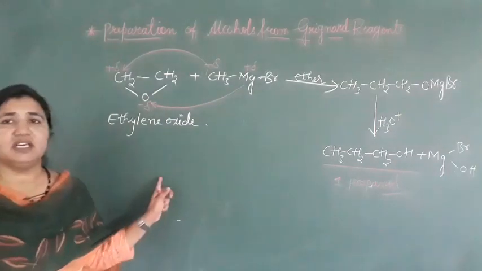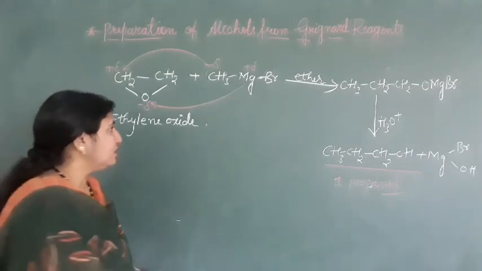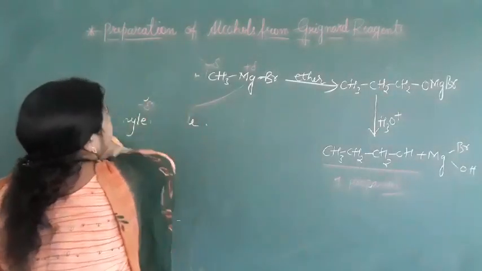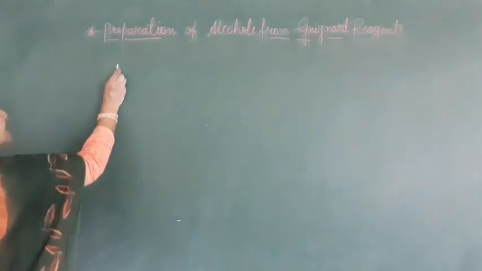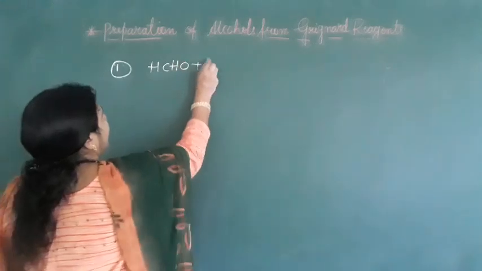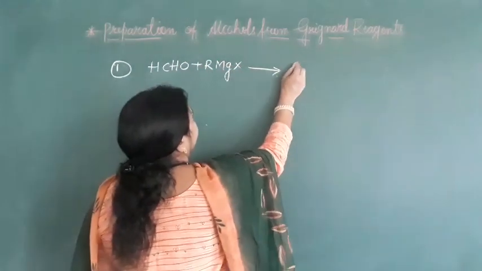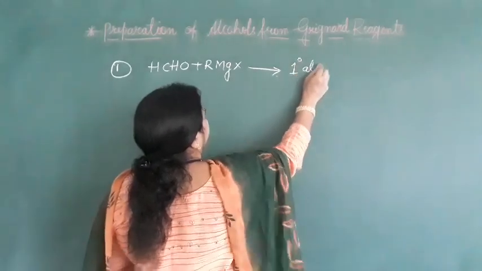So these are the methods for the preparation of alcohols from Grignard reagent. See here, these are the key points, please note them down. Formaldehyde, HCHO plus RMgX, gives a primary alcohol.